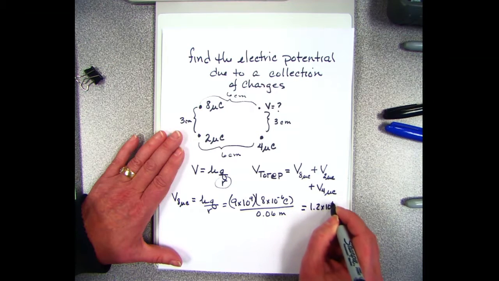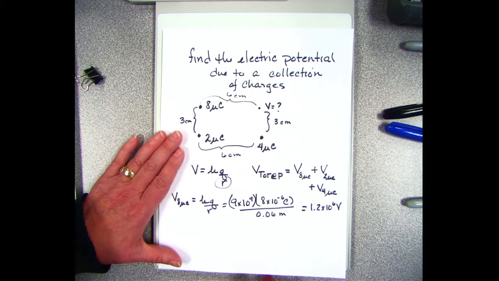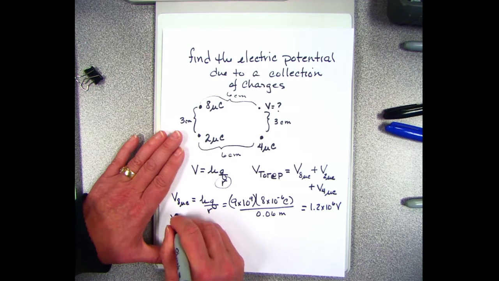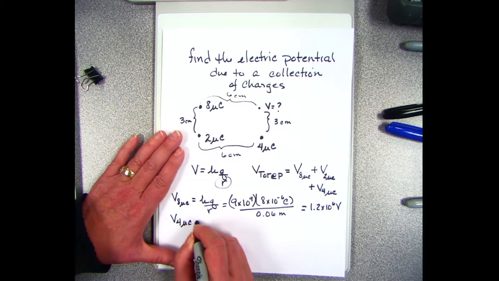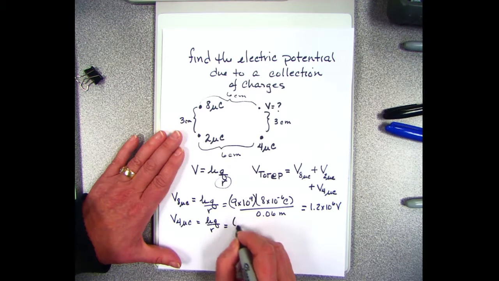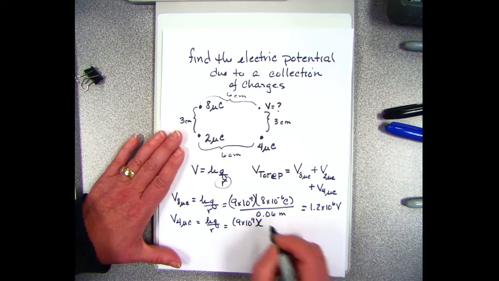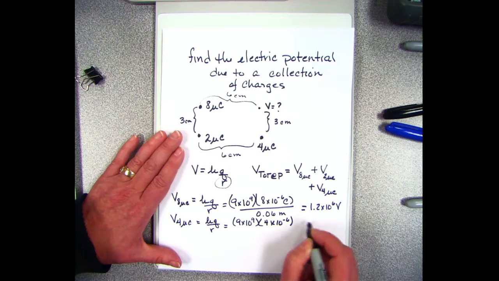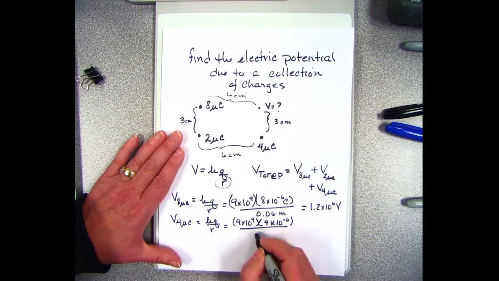Then I will do the next one. I'm going to do the 4 microcoulomb one next, because it's the easier one to do. Still kQ over r. That's my 9 times 10 to the 9th for my Coulomb's law constant, my 4 times 10 to the minus 6, divided by, now I'm only 3 centimeters away, so I have to do 0.03 meters. And when I do that, I get 1.2 times 10 to the 6th volts.